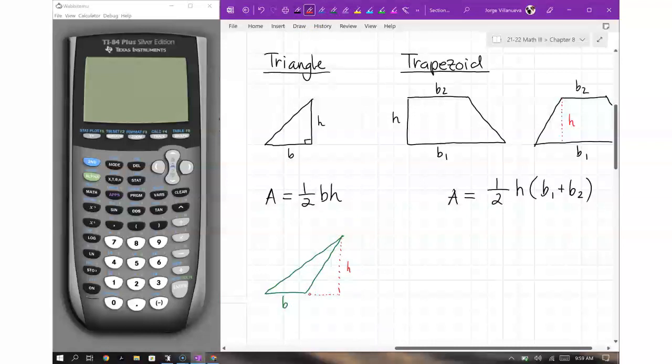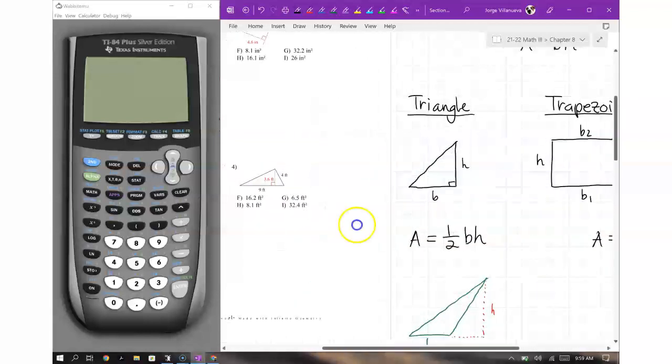It just depends on how the triangle looks, because we have right triangles, acute triangles, obtuse triangles. This is something you guys are supposed to already know, right? This is from Math 2. But we have different types, so the height might be in different places. So they'll draw it for you, just so you know. So let's go ahead and start working on some of these.